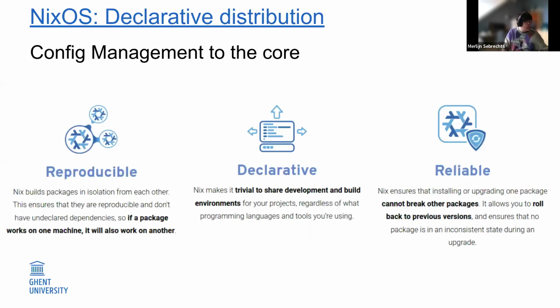Another example is NixOS. If you're part of the Linux ecosystem, you might start to see more and more people talking about NixOS. The whole idea of NixOS is to create a Linux distribution where every single part of the distribution is declarative, both in how software and packages are compiled and built, and in how the system is configured. You basically configure a NixOS system by changing a declarative model of what you want exactly.